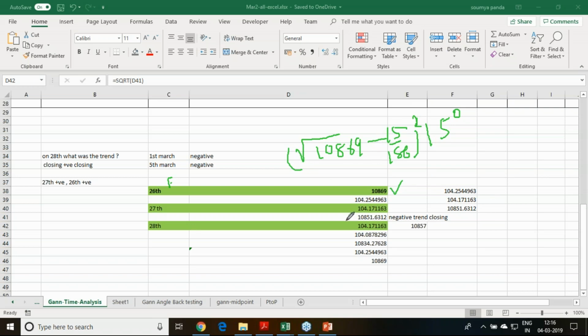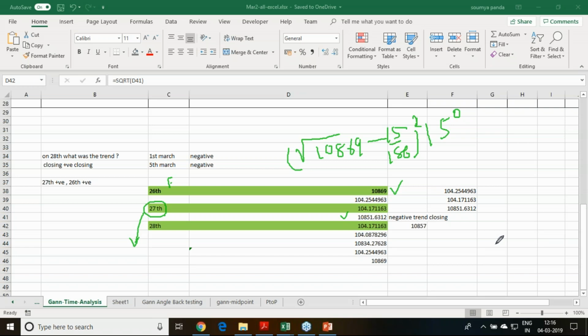By this process, I got the value 10,851.63. So on 27th, if the price closes below 10,851.63, then I will say that it is a trend negative closing.